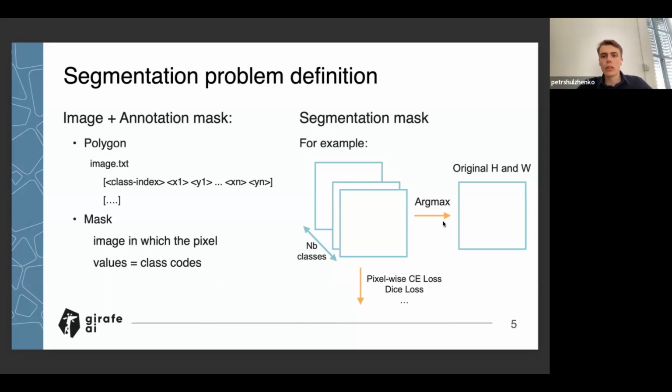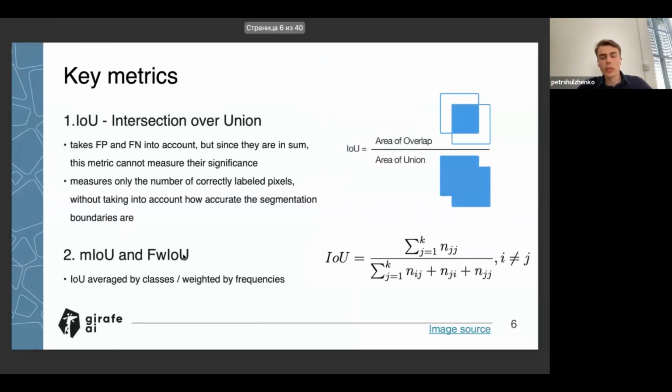During inference, you just perform an argmax operation over all of the channels. Like this, you obtain labels for every pixel. And during training, you can just use pixel-wise cross-entropy loss or any other loss with your ground truth mask, for example. So I hope it's clearer.